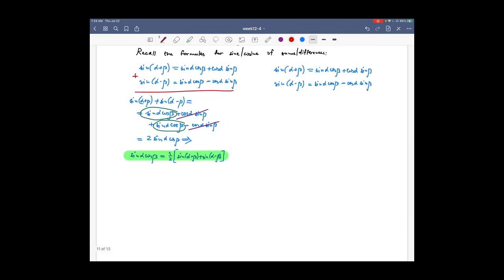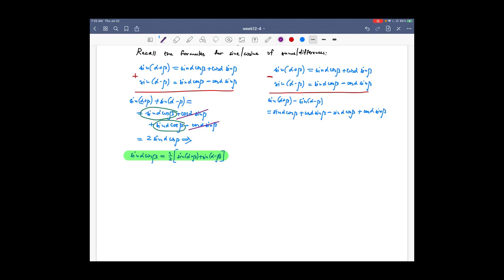Pretty much the same idea here. When we subtract these two equations, we get that sine of a sum, excuse me, minus sine of a difference equals sine alpha cosine beta plus cosine alpha sine beta minus sine alpha cosine beta plus cosine alpha sine beta.